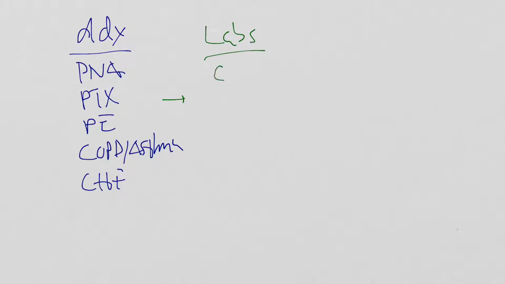We'll probably want to get a CBC to make sure the patient isn't anemic, a basic metabolic panel to see how the electrolytes are, as well as to ensure that the patient isn't going into cardiorenal syndrome. You'll want to order an EKG to see what rhythm your patient is in case you need to cardiovert them, as well as a troponin. So a lot of people ask why we order the troponin, and the reason why is because the troponin is a marker of mortality.